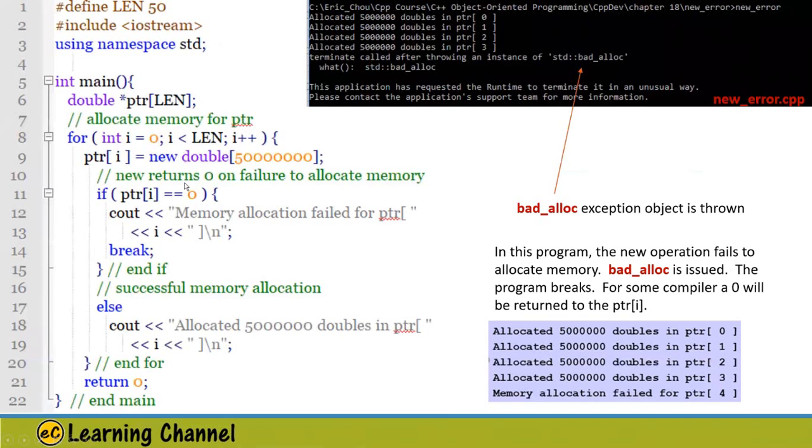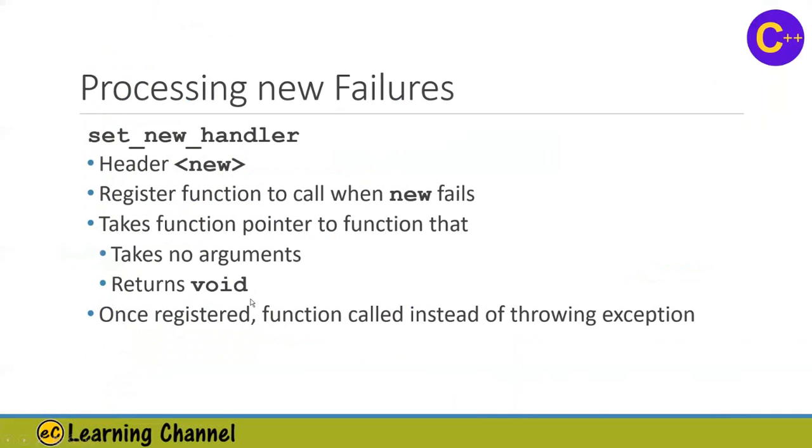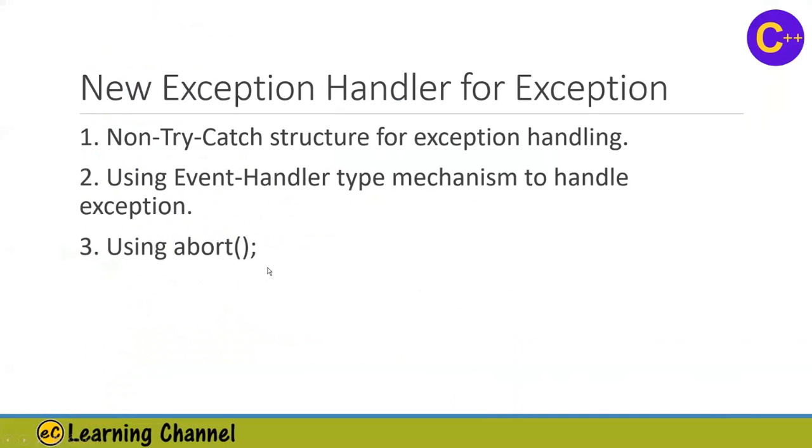When you fail, it will create trouble, and then it will throw out a bad memory allocation error. So you will terminate and throw out a bad memory allocation error, and it is not handled right here. So it will show up in your top level execution, and it does not continue to finish the program. Okay, so that one. Let me see.